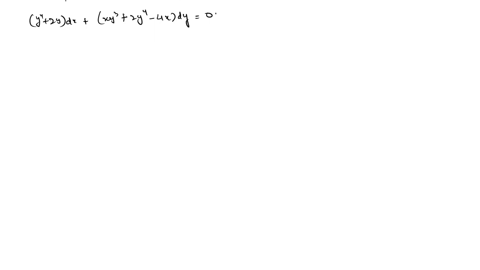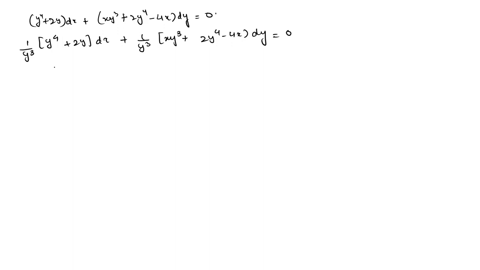If I multiply this with my integrating factor, which is 1 over y cube, here 1 over y cube (y⁴ plus 2y) dx plus 1 over y cube (xy cube plus 2y⁴ minus 4x) dy is equal to 0.